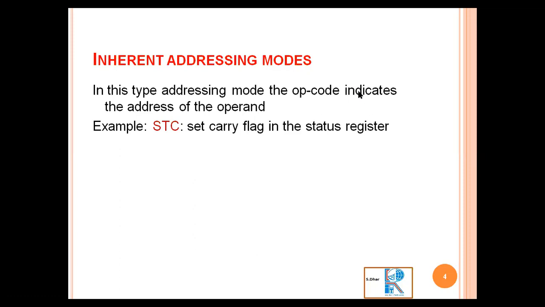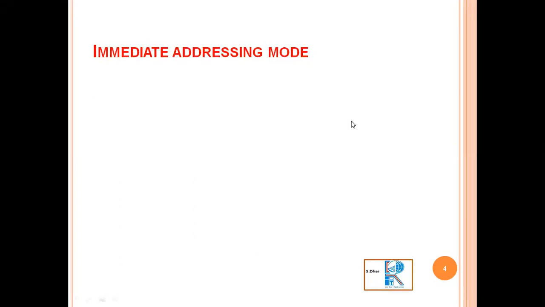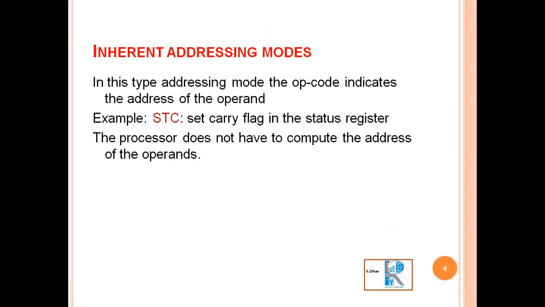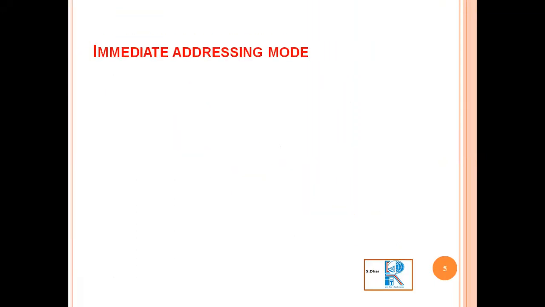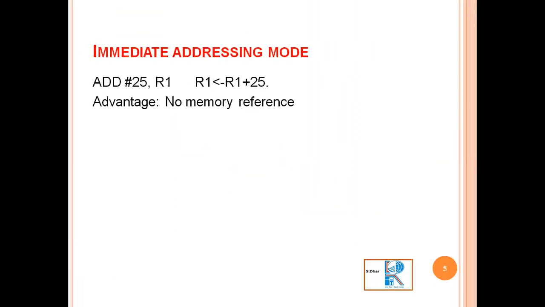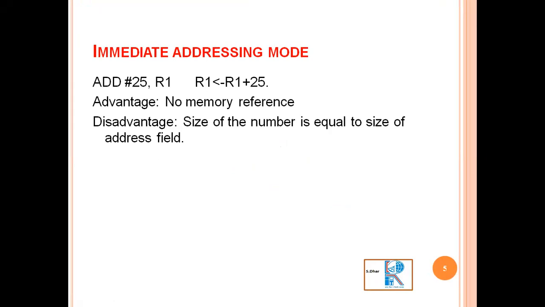Now then comes the next. What is the advantage? The processor does not have to compute the address of the operand. Now the immediate addressing mode. What happens in the immediate addressing mode? See the example.